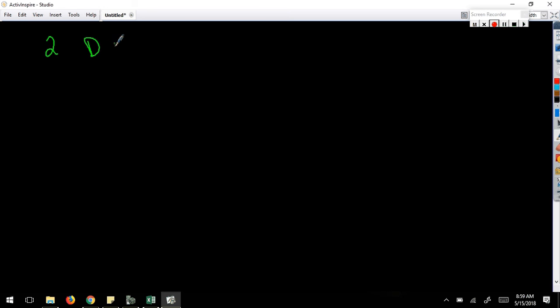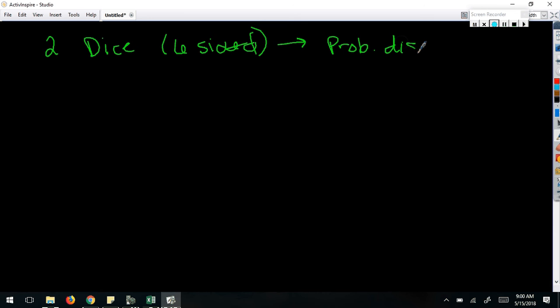2 dice, okay. These are normal, regular, 6-sided, non-weighted dice, just plain old like you get in the Monopoly set. You want to do a probability distribution of the sum when you roll.